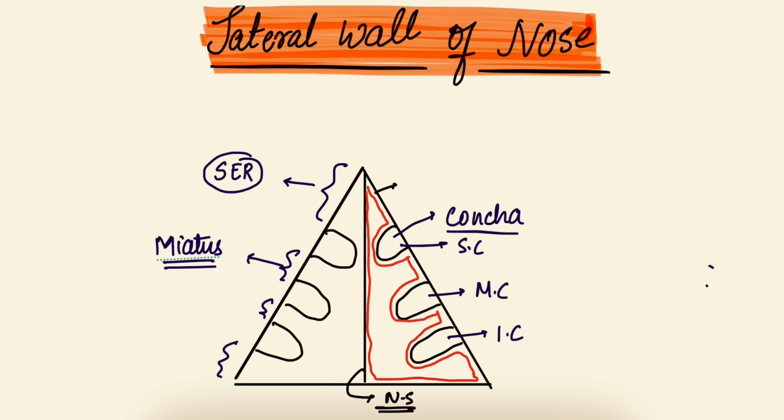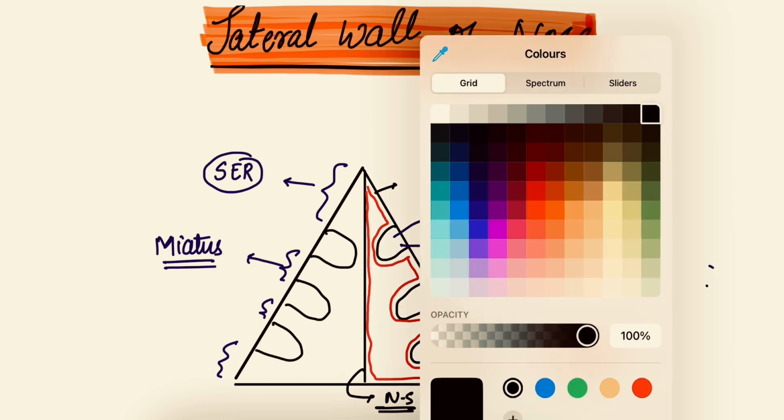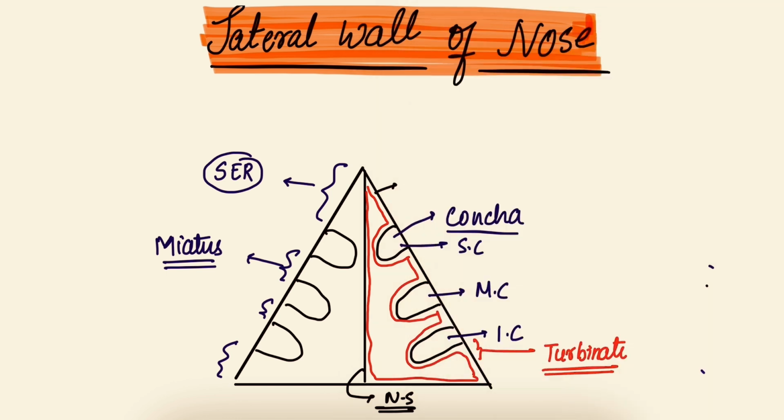Now collectively the concha and this mucous membrane are called the turbinate. So: superior ethmoidal recess, meatus, concha, turbinates. These are the few terms which we must understand in the lateral wall.